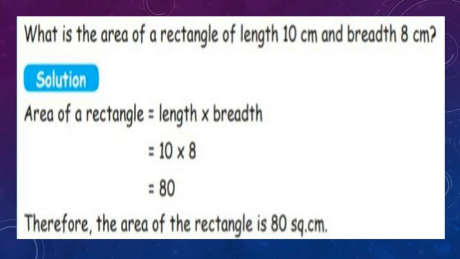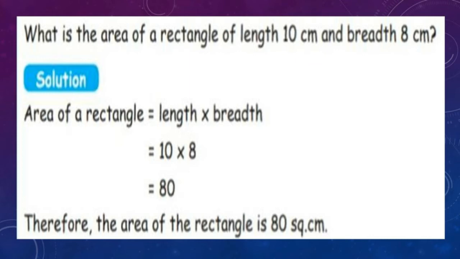Let us see the first question. What is the area of the rectangle of length 10 centimeter and the breadth 8 centimeter? We know the formula. Area of the rectangle equal to length into breadth. Length is 10. We have to write 10 beside the length. Next one, the breadth.